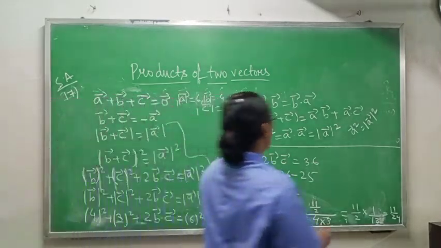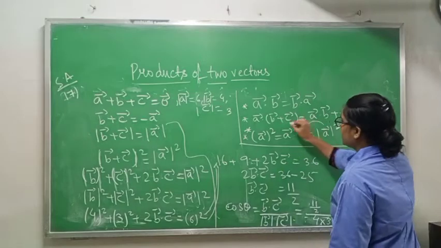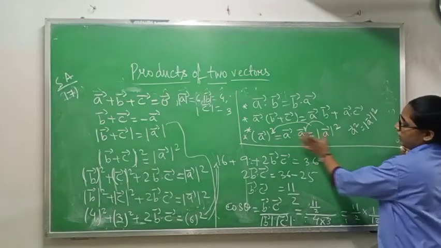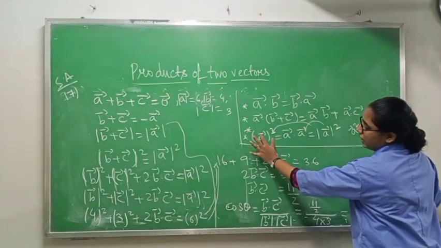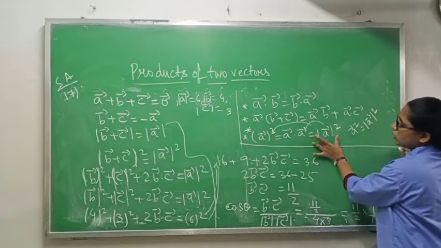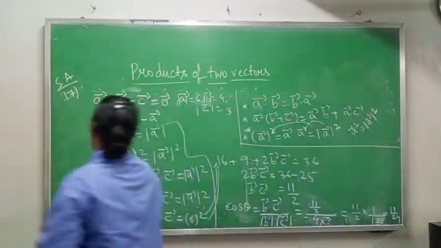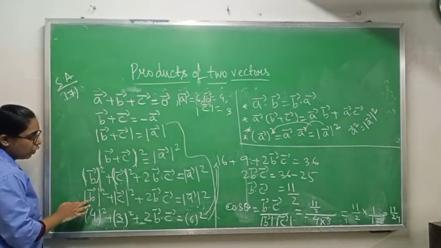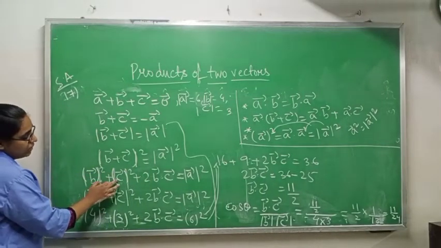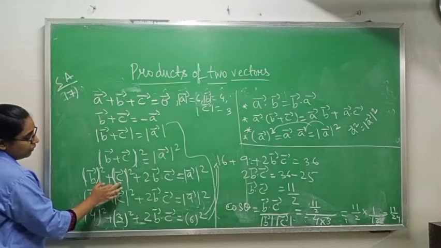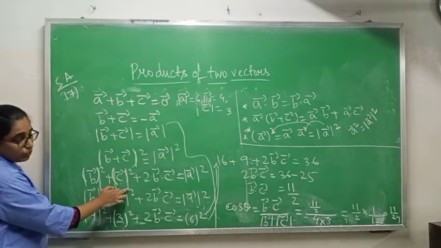No. Why? Because if I have a vector square, I can also write it as mod a vector square. That is why in place of b vector square I am writing mod b vector square, and the same for c vector, mod c vector square.